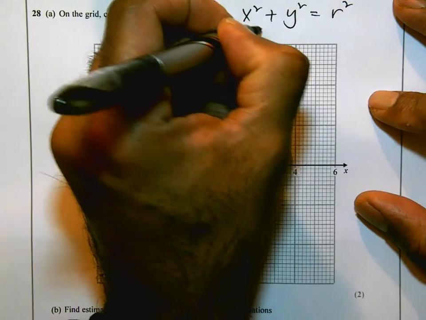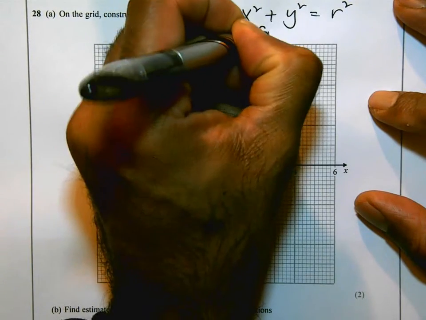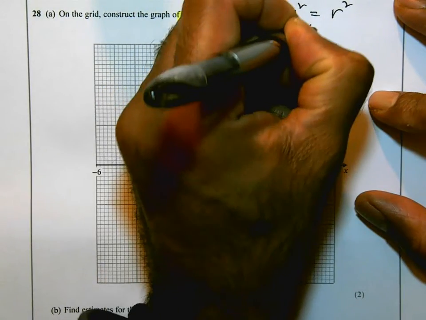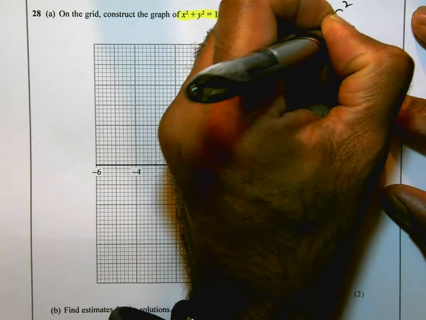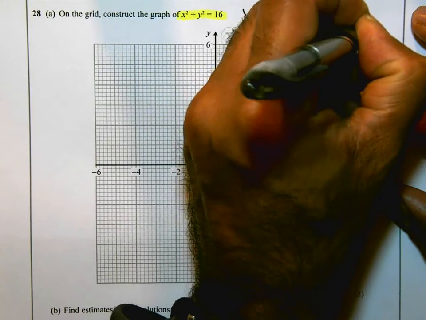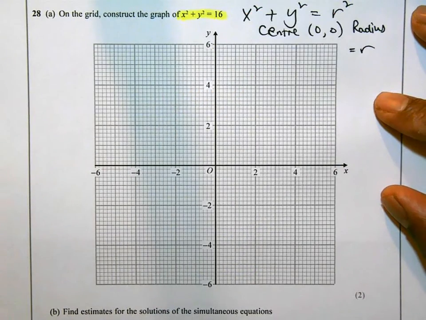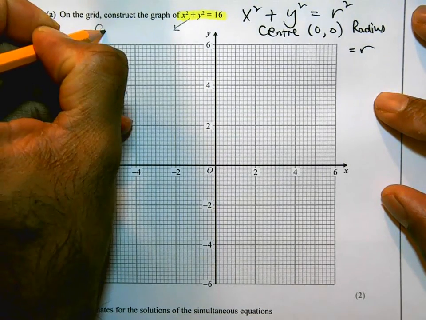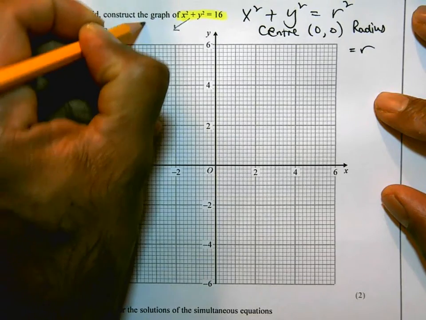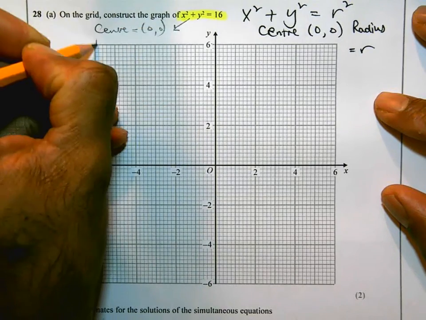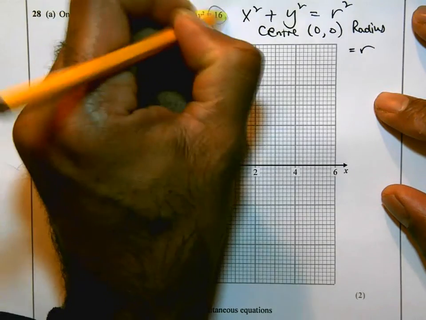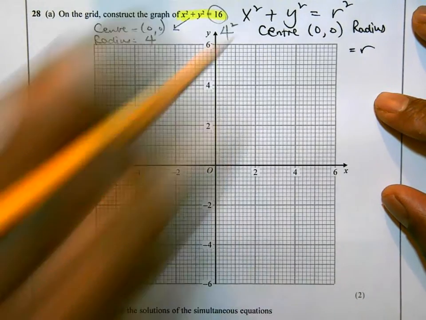So for a circle like this, the center is 0, 0, and the radius is r. Okay, so in our circle, the center is going to be 0, 0, and the radius is going to be 4. Why? Because 16 is 4 squared.